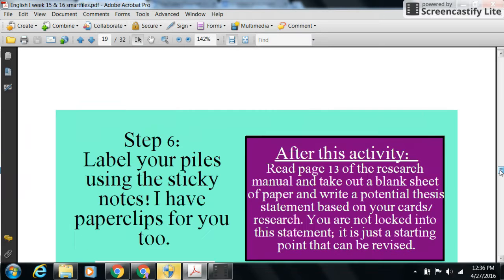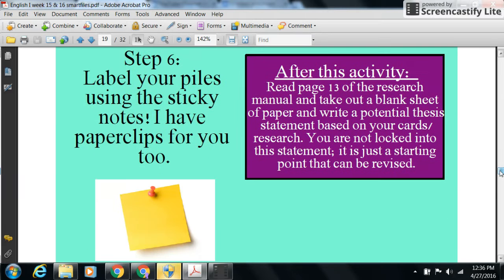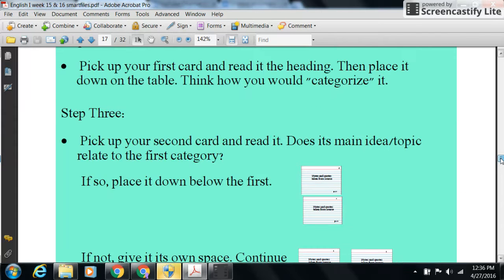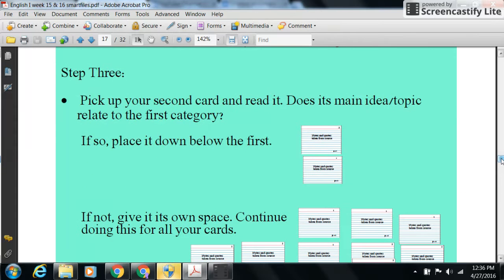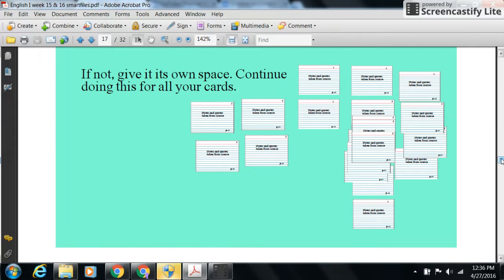Okay. So after you do that, let's say I'm going to scroll back up here for a minute. Let's say that I've got all these cards about Martin Luther King Jr. being the civil rights leader. And I've got these cards right here about him being part of the Birmingham bus boycott and Rosa Parks.